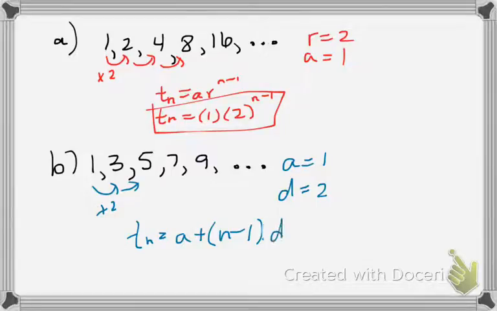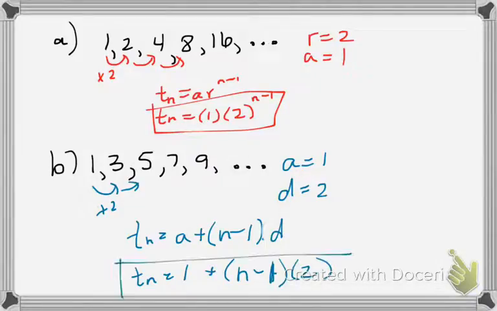I'm getting ahead of myself. Okay, so here's my A, which is 1, n minus 1 will stay as n minus 1, and D can be entered in as 2. There's my general equation. Okay, we can use any of these equations basically to determine any term we want in this sequence. I could find term 100 in both of these sequences now that I have these two formulas.